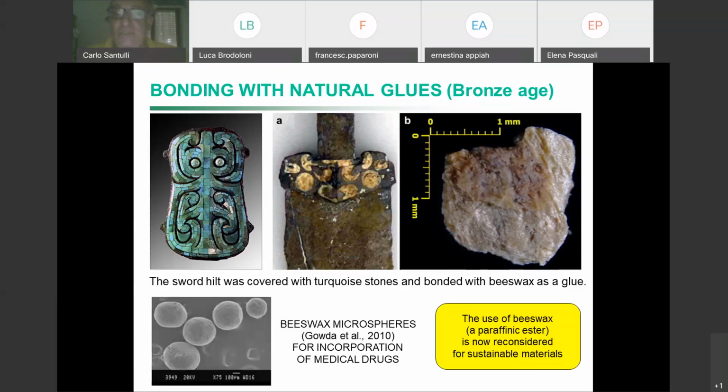Beeswax is not toxic. We can't eat large amounts of it, but in these amounts, it doesn't create any particular problem. And this is considered again a sustainable material, as I was saying.